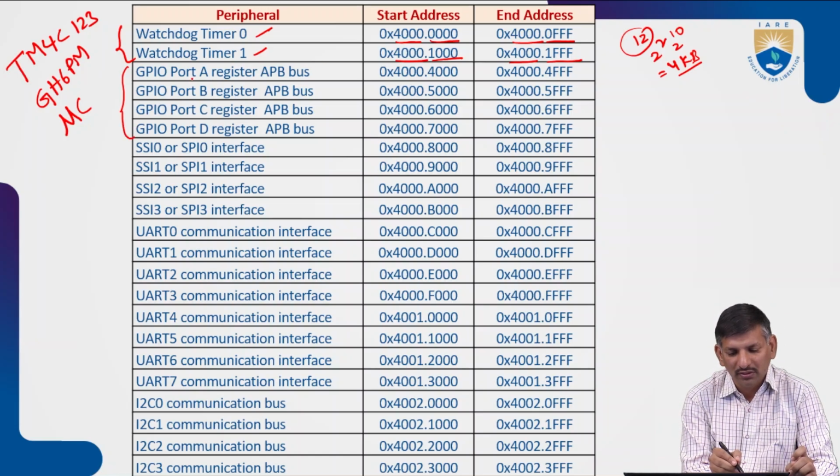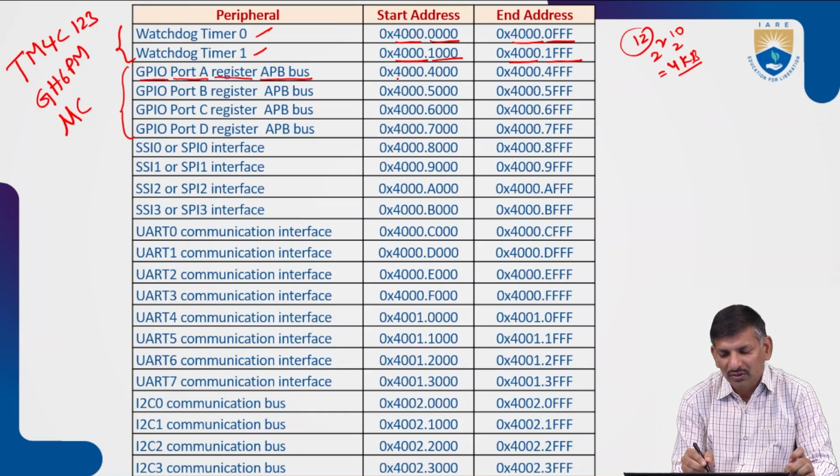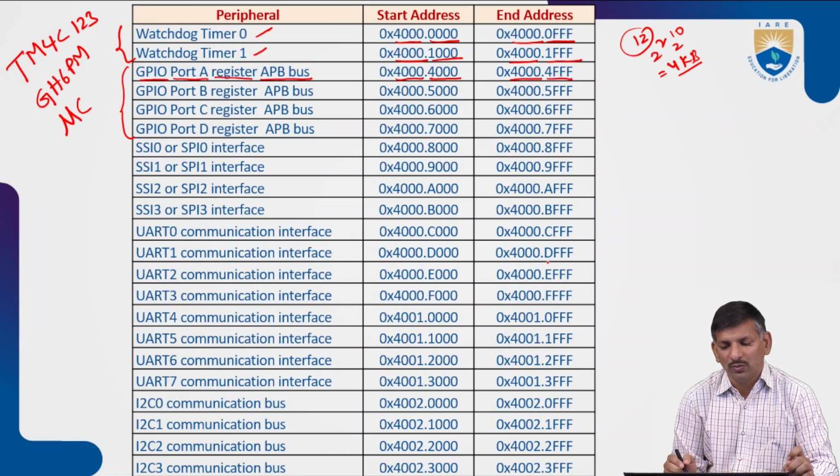Port A, general purpose input and output, port A register, APB bus, advanced peripheral bus. So the address range is 4000 4000 and ending address is 4000 4FFF.